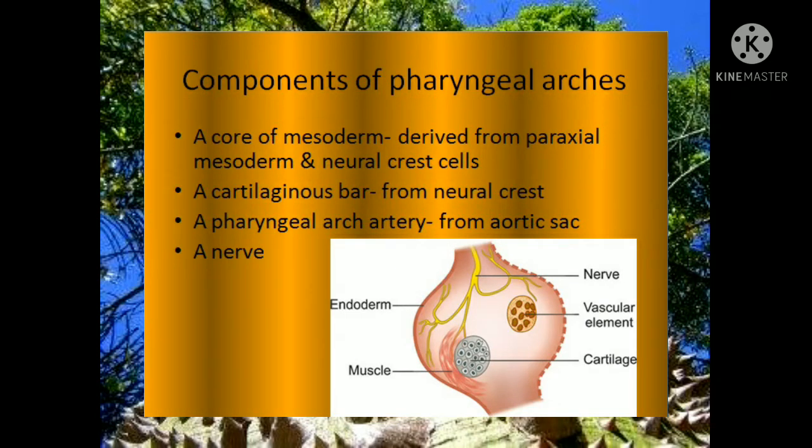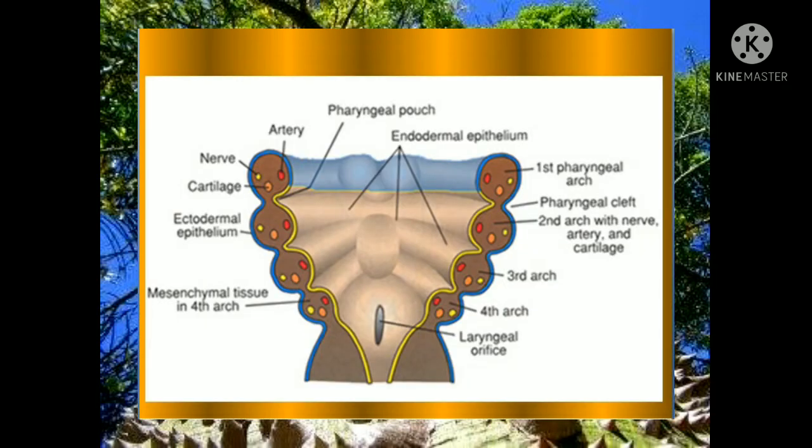Each arch has a core of mesoderm derived from the paraxial mesoderm and the neural crest, cartilage that arises from the neural crest, pharyngeal arch arteries that arise from the aortic sac, and nerves. The structures formed by the mesoderm of each arch are the skeletal elements, striated muscles, arterial arches, and the nerve.